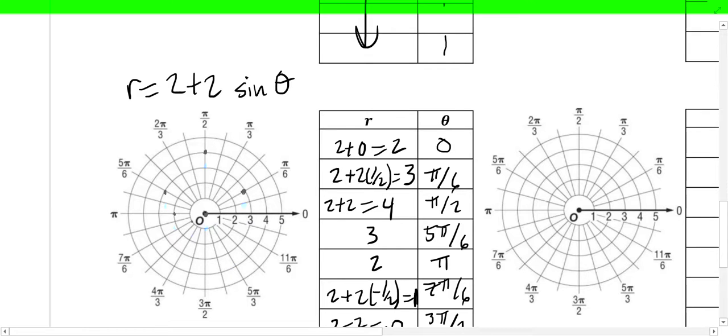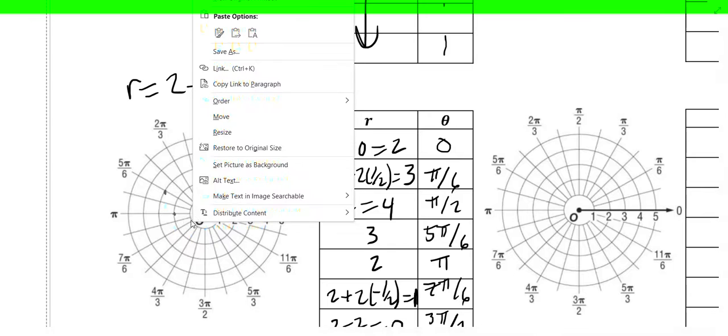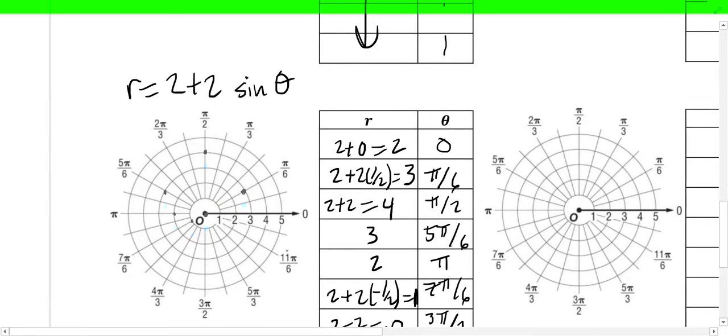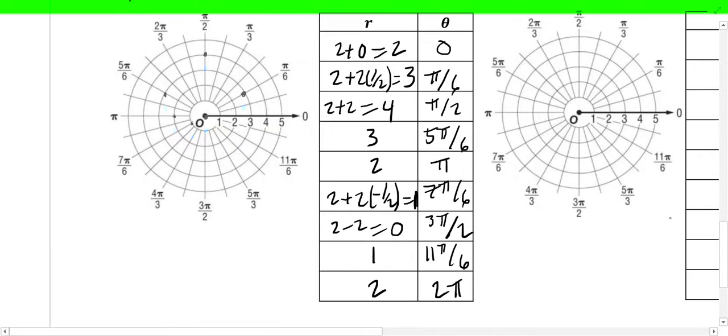It's 1 here. And at 3 pi over 2, it's 0. At 11 pi over 6, it's 1. And then it goes back to 0.